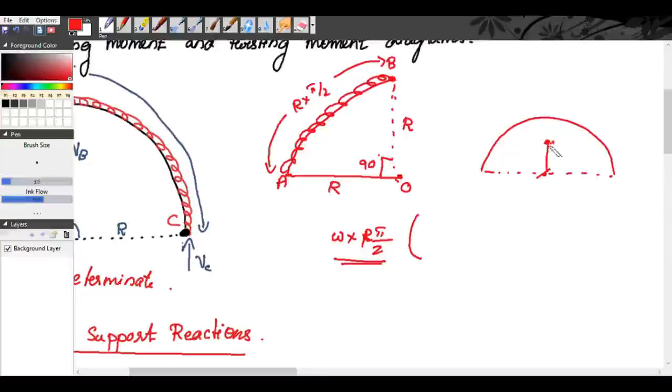This distance, this is the centroid, will be equal to 2r by pi.